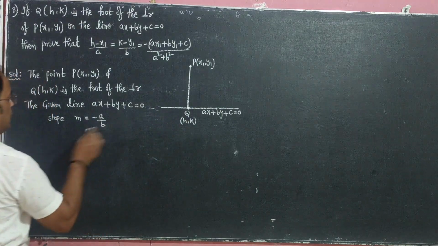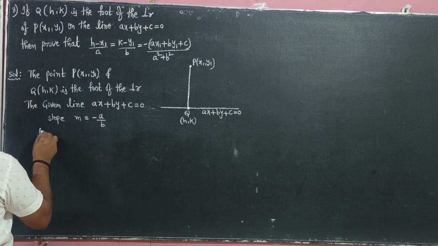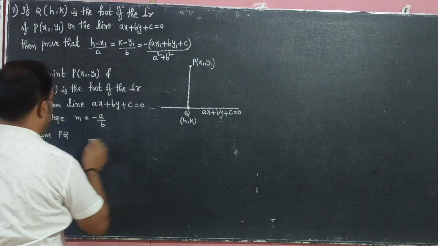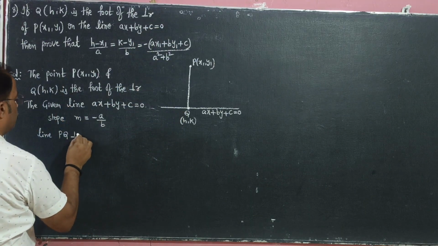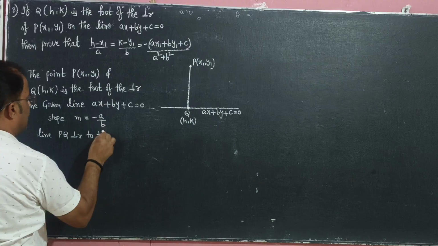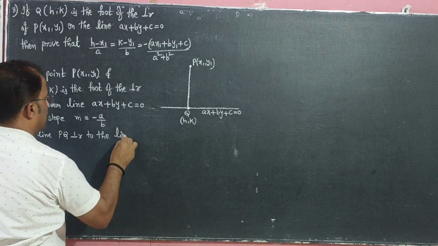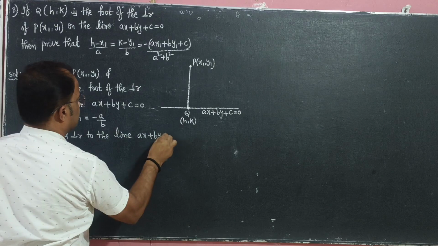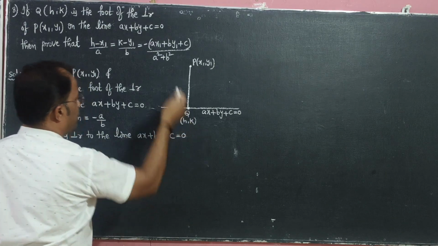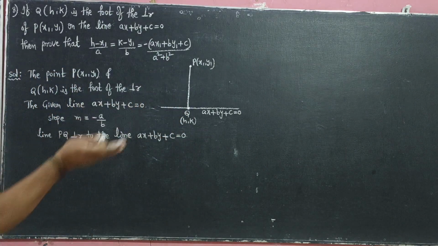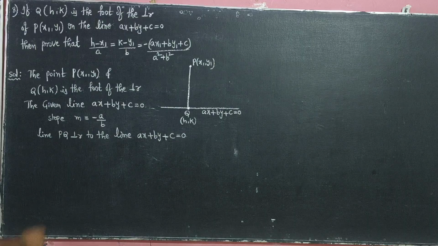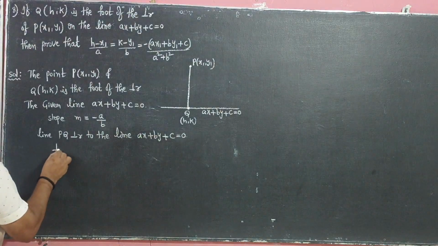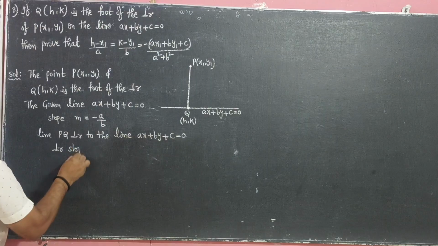So the line PQ is perpendicular to the line ax plus by plus c equals 0. Line PQ is perpendicular to the given line equation, meaning the slope of the perpendicular line.